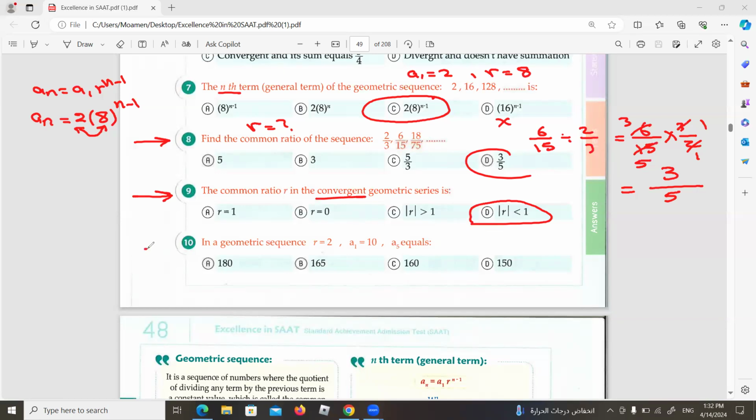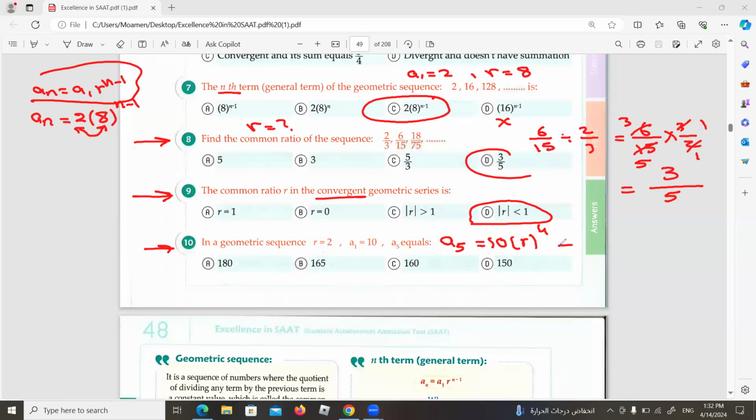Okay, we're going to number 10, the last problem in this part. We have in a geometric sequence r equals 2 and a1 equals 10. I need a5. We have the same rule, so just substitute. a5 equals a1, which is 10, multiplied by r to the power n minus 1, meaning r to the power 4.